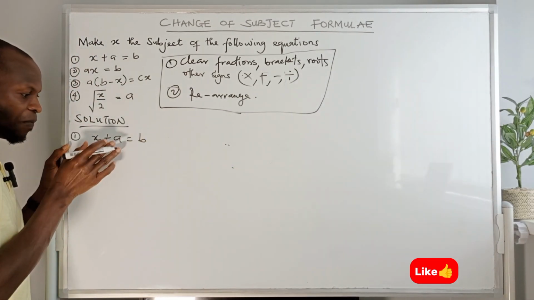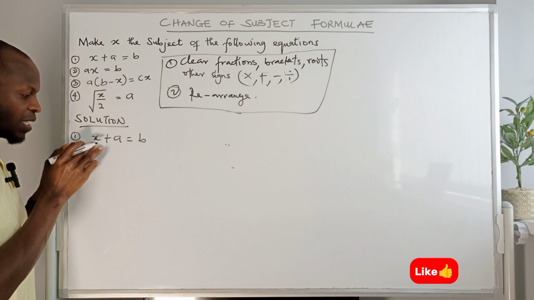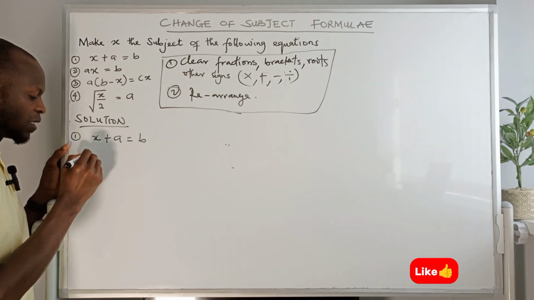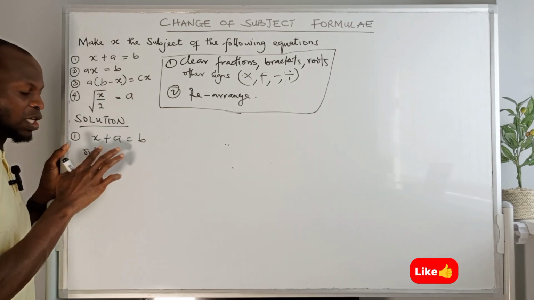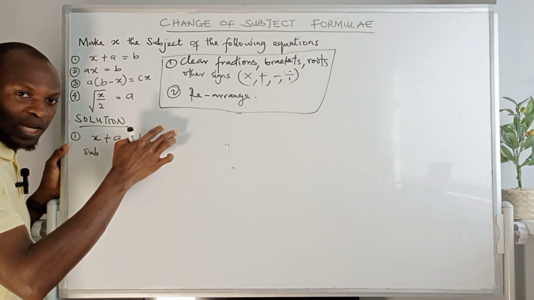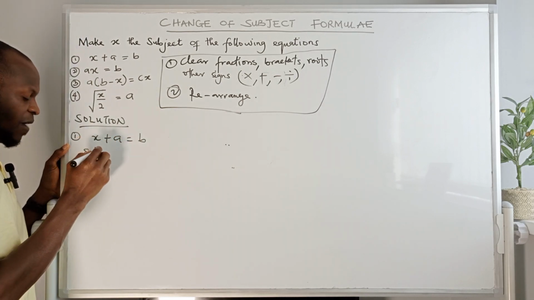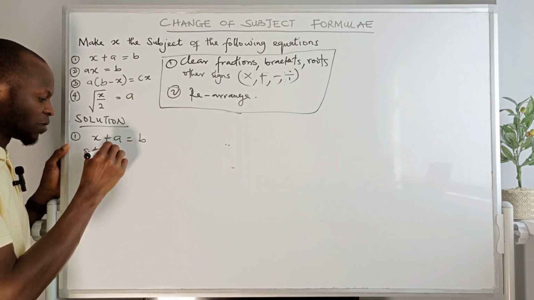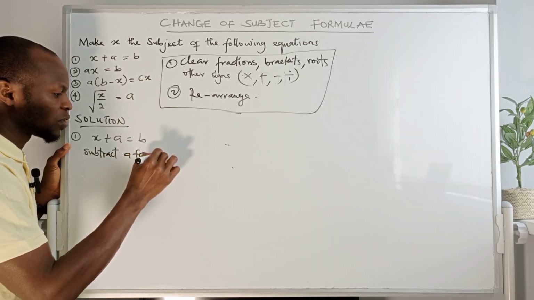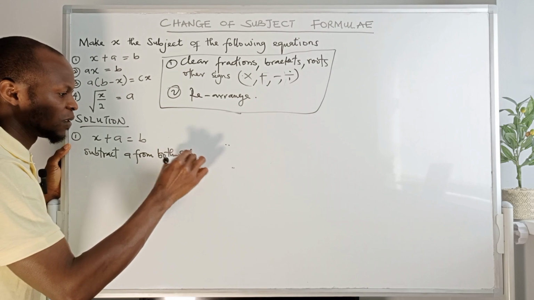Take for instance this example we have, x is attached by plus a. What am I going to do? I will subtract. Take note, when you are dealing with change of subject, whatever you do to the right hand side must be done to the left hand side. So I subtract a from both sides of the equation.